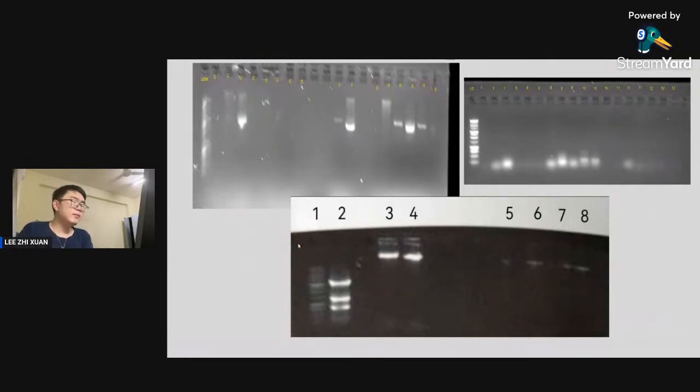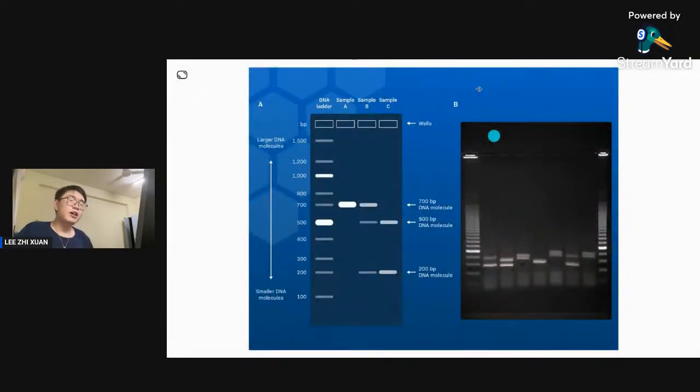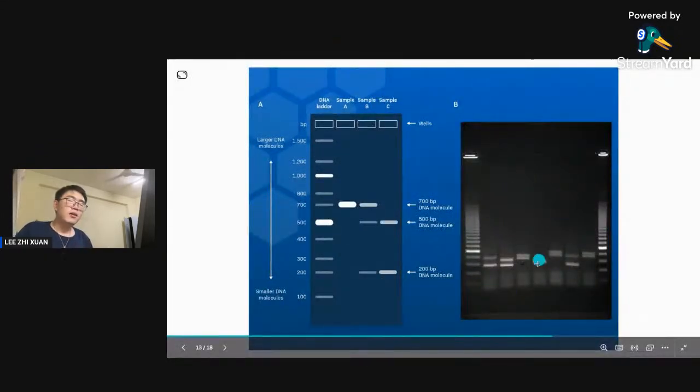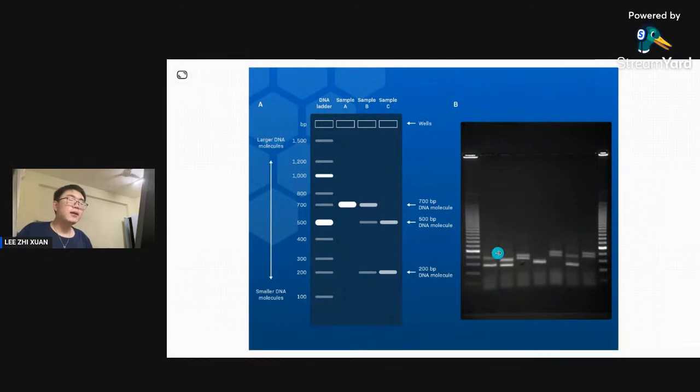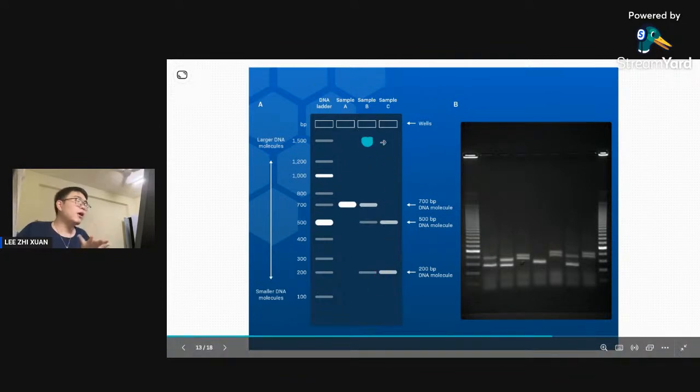Normally, not only me, if you do this kind of experiment for the first time, normally it fails. You can see the bands there are not very clear. This one is the successful experiment. You should get a result like that. I don't know whether it will come out in the examination or not. This one is the band.